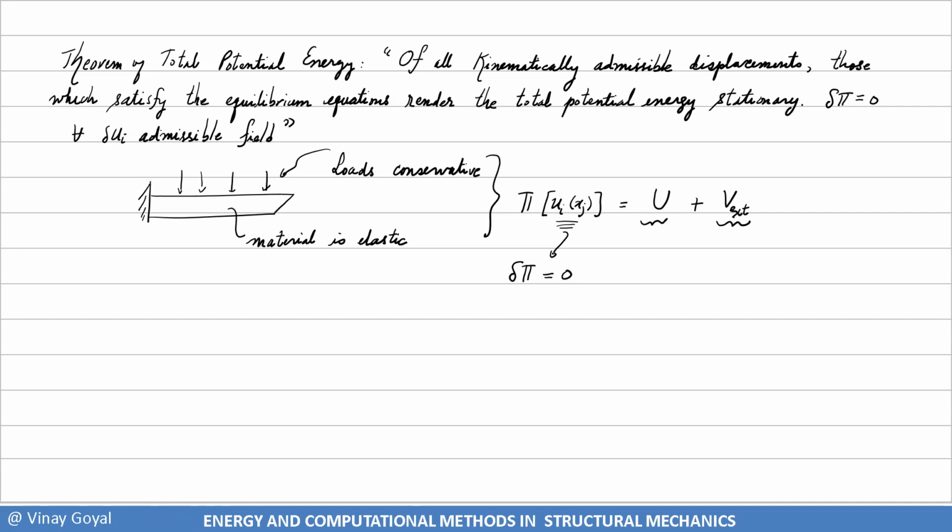In other words, if I apply virtual deflections to this beam, there will be a set of real deflections that render the total potential energy stationary. Not just that, when that happens, you're going to achieve the system in equilibrium, and that's described by the equations of equilibrium for that system.